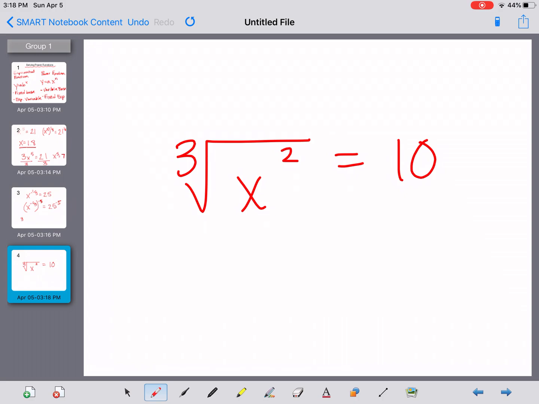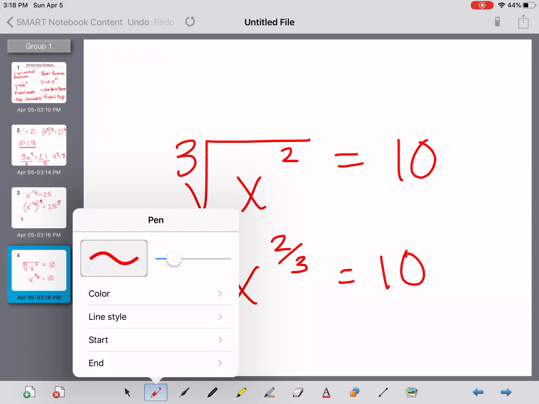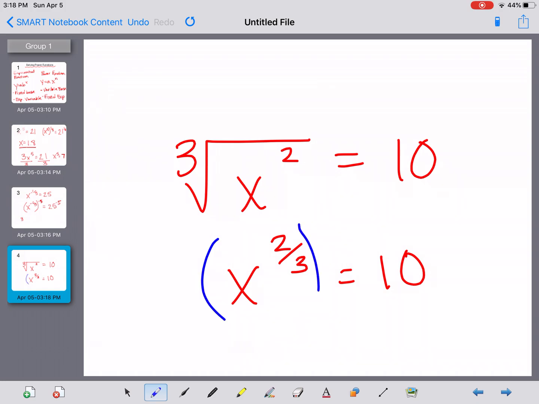This is actually still a power function because this rooted value here can be rewritten, like we've already done, like that. Which means now I can simply take this to the 3 halves. That's our basis for solving these power functions.